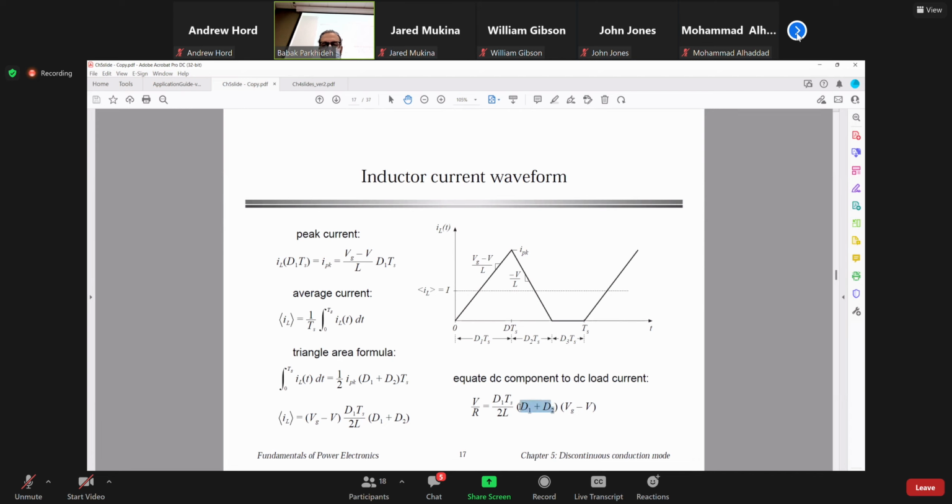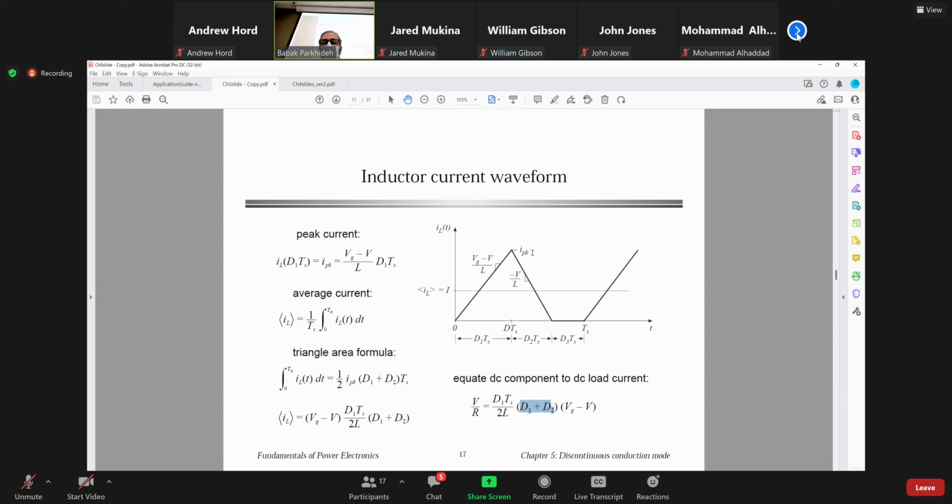And the height or the peak value, because it starts from 0, you can just use this side to calculate the I peak.